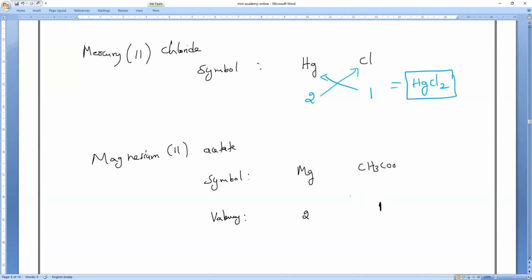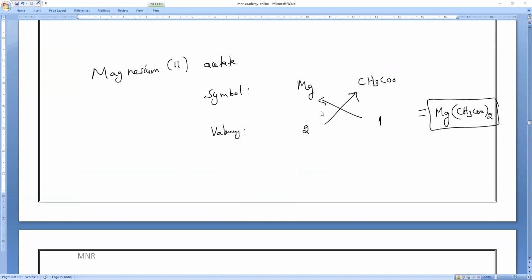Acetate valency is 1. So what is the formula? Mg(CH3COO)2. Very, very important. When the formula feels different, you should stick to it. First time when you are learning, you should learn it. Magnesium acetate.